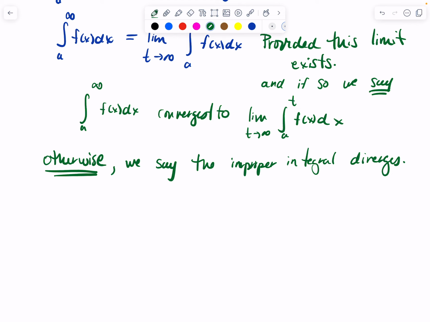Similarly, we can look at if infinity is on the other end.